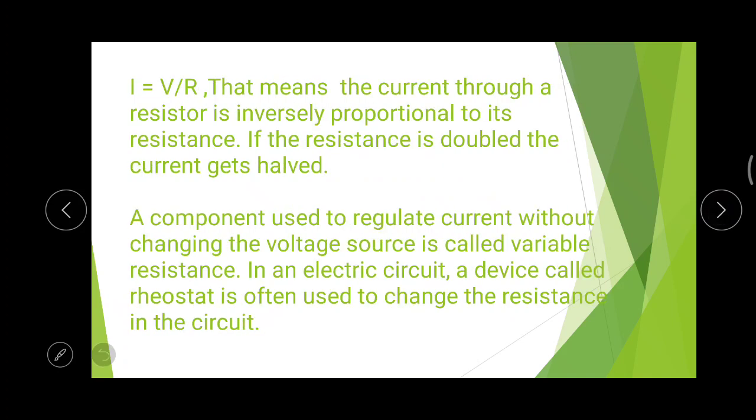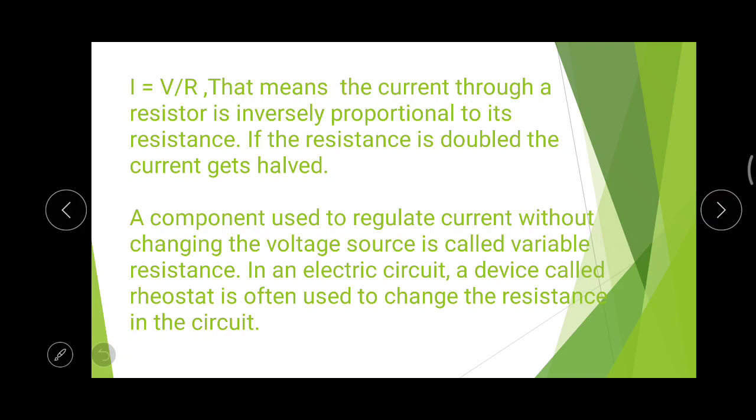Now let us come to the next slide. The relation between resistance and current. So you know that V by I is equal to R, then we can equate it in such a way, I is equal to V by R. That means the current through a resistor is inversely proportional to its resistance, isn't it?